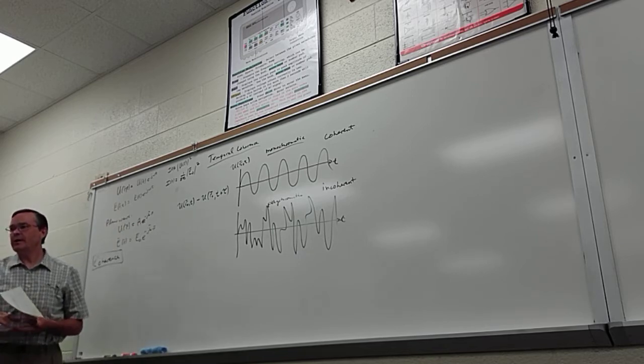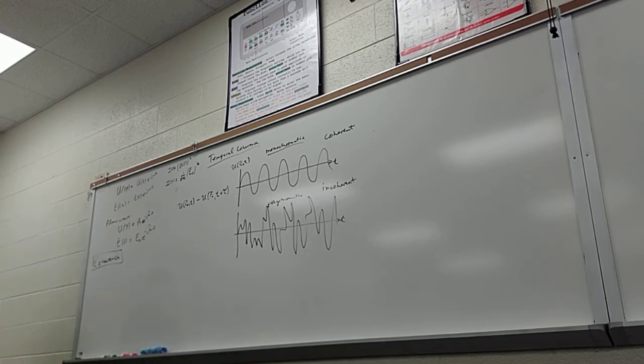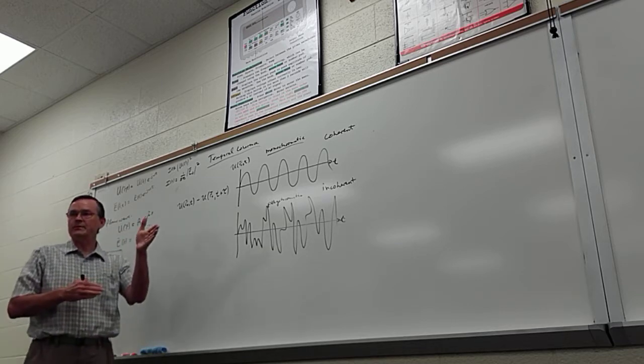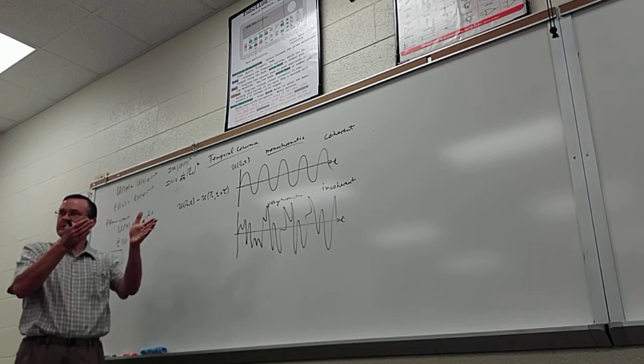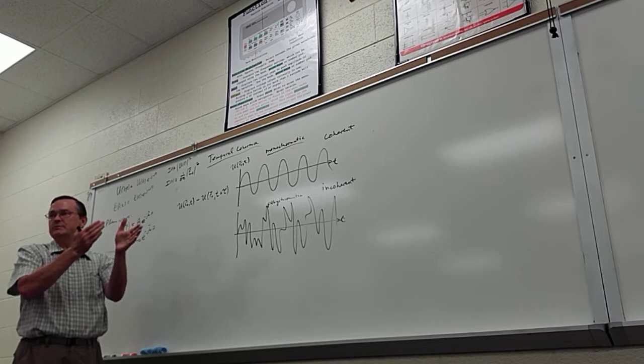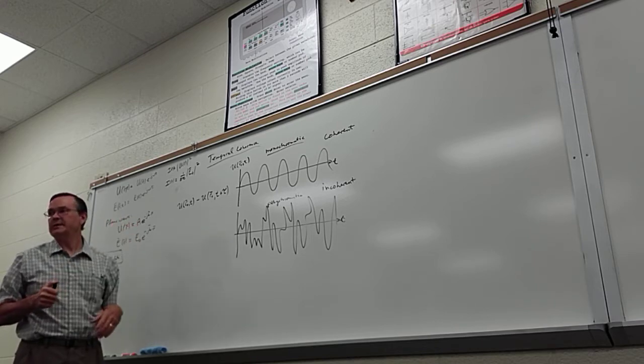So the notion of coherence, temporal coherence, is: take a wave, a beam, an optical field, make a copy, shift it in time, look at the correlation. If there's no correlation, there's no fixed functional relationship, we say that we have temporally incoherent light.